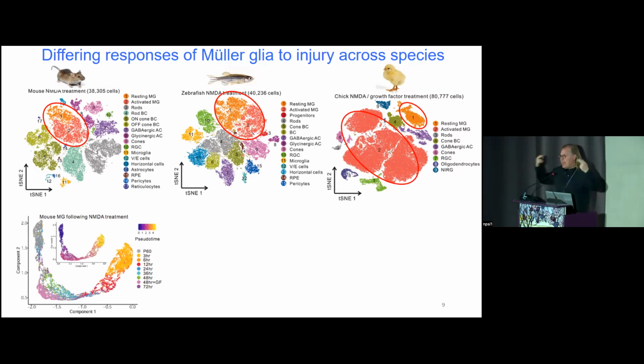The behavior of the glia following injury is very different in all 3 species. What we can do in each species is digitally isolate the glia, and then we can ask what changes over time, or what changes in response to injury, using a pseudo-time analysis.